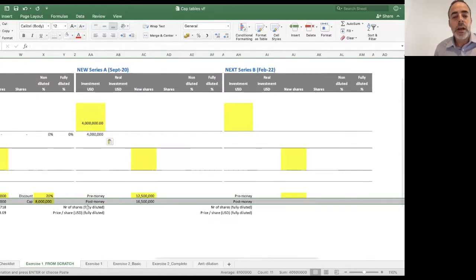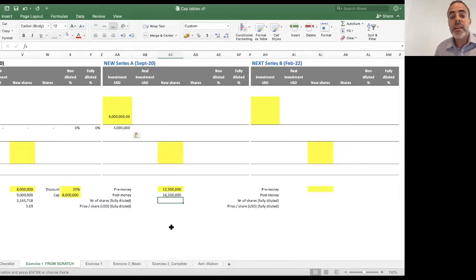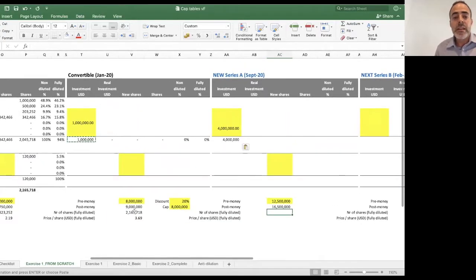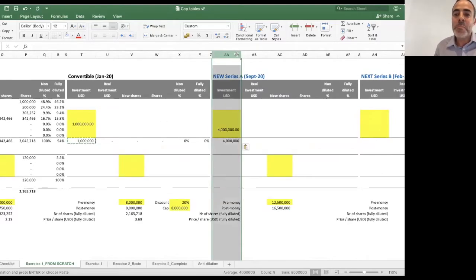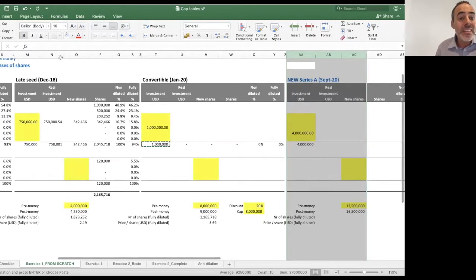Okay, because the number of shares for the Series A investment is going to be based on the pre-money valuation that I'm using, exactly the same as before. The difference is that you always use the number of shares fully diluted after the previous round. In this particular case, the previous round to the Series A is not the convertible, it is the late seed.